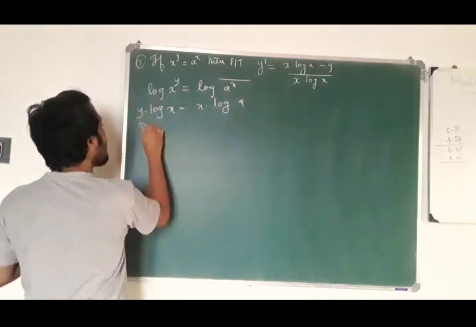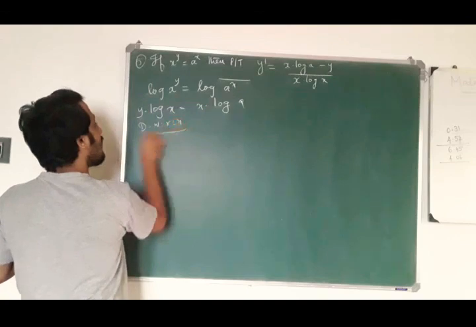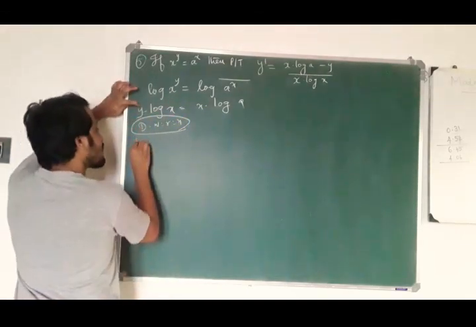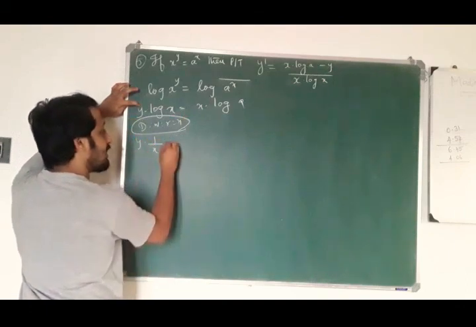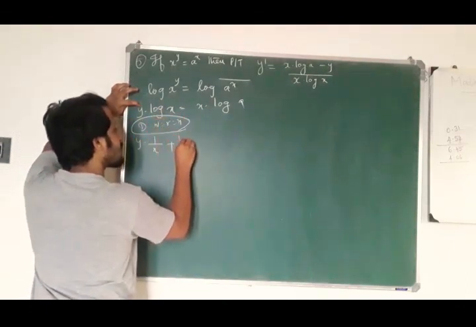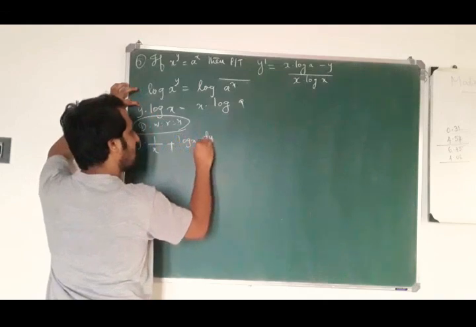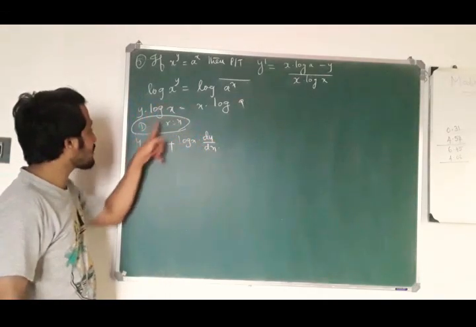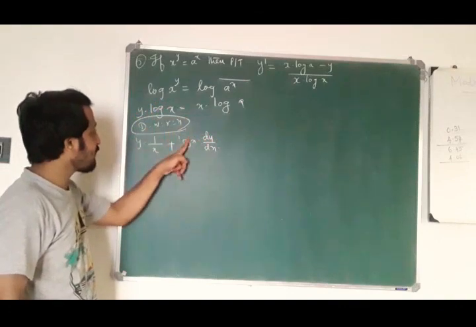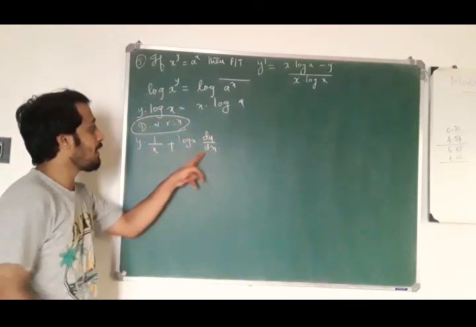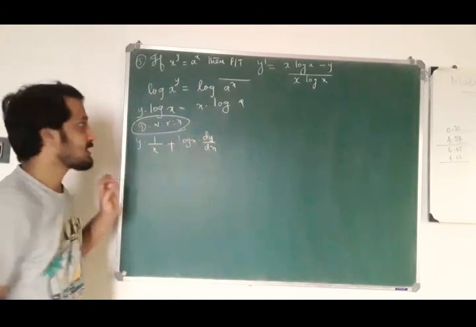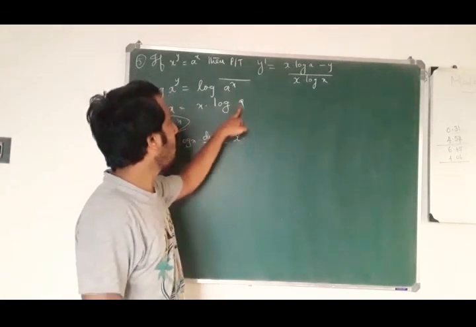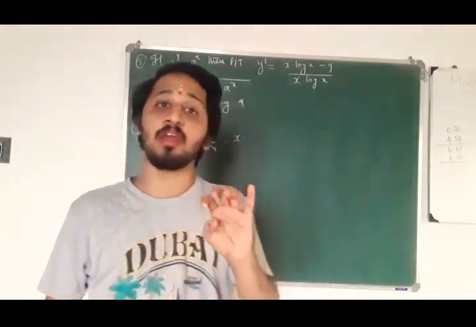Now differentiating with respect to x. First function into second function's derivative plus second function into first function's derivative. So y into the derivative of the first function, which is 1 by x, plus the second function into the first function's derivative, dy by dx, is equal to x into log a, where a is a constant.